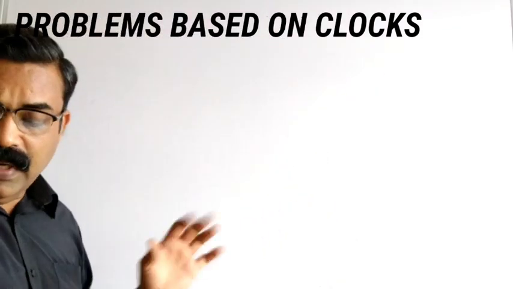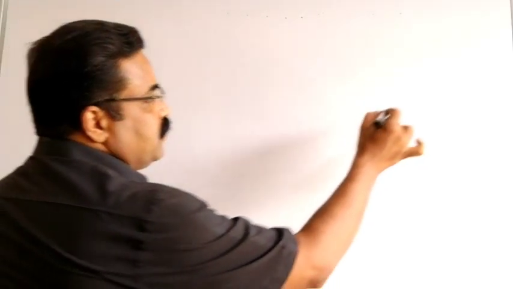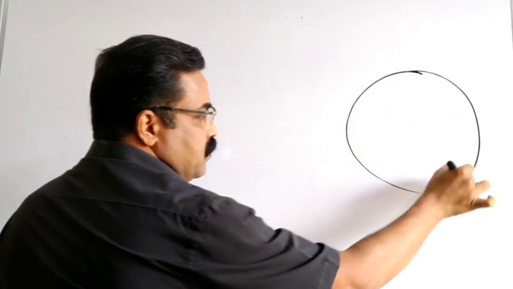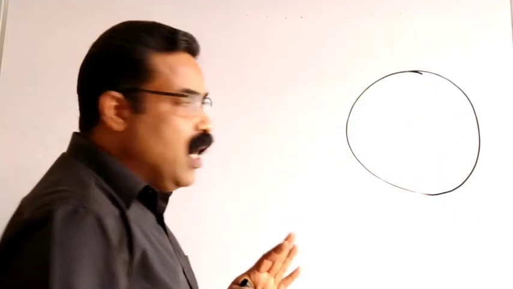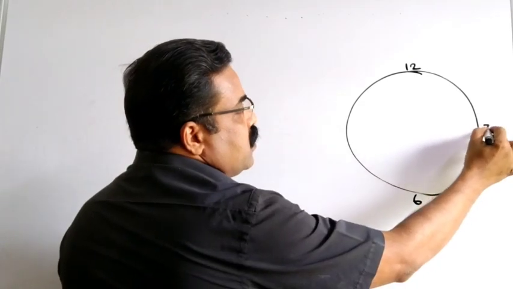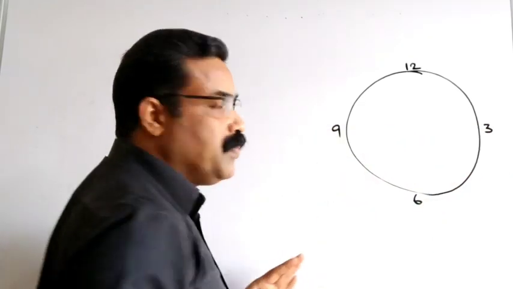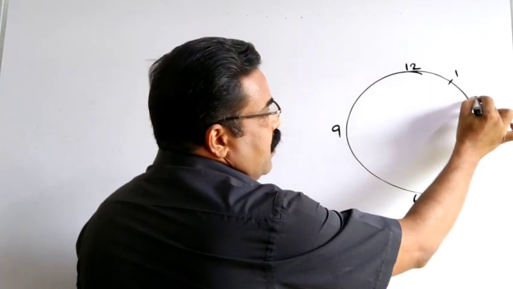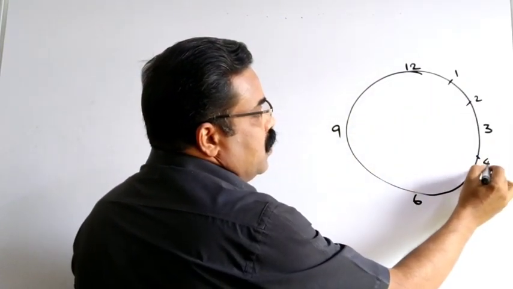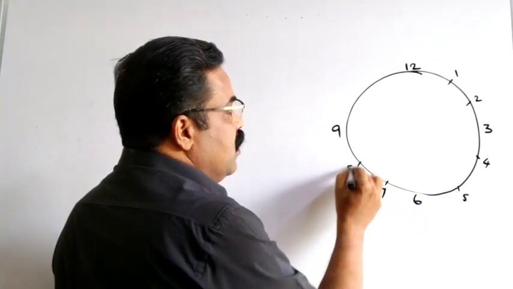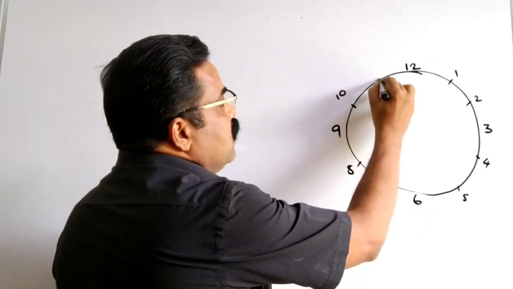So when we talk about the basic concepts of clock, students, let us take this as a clock. We have 12, 6, 3 and 9, and let us mark it here as 1, 2, 4, 5, 7, 8, 10, 11.